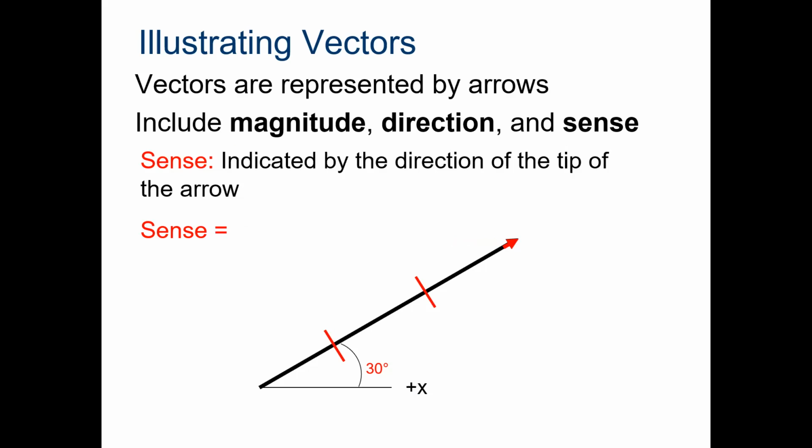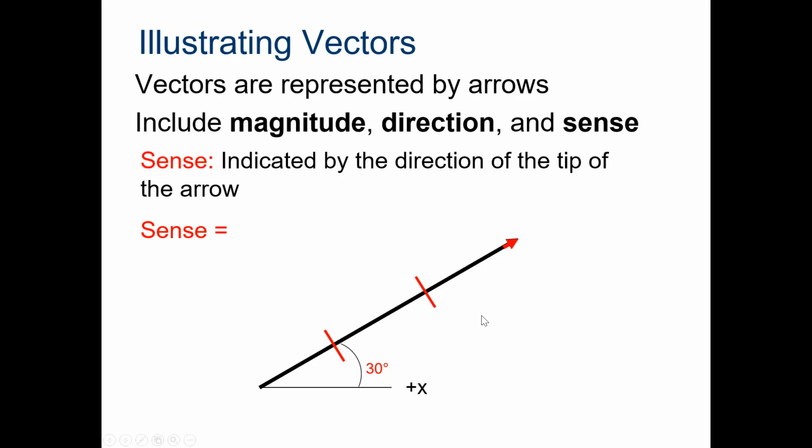Sense has two components: a vertical sense as well as a horizontal sense. So you want to start from the origin.